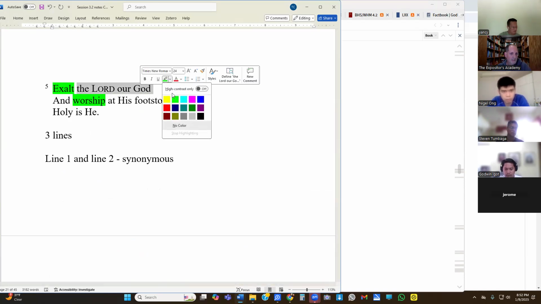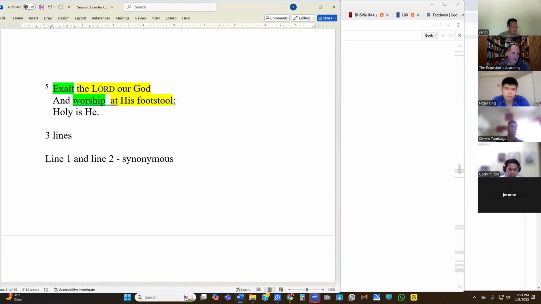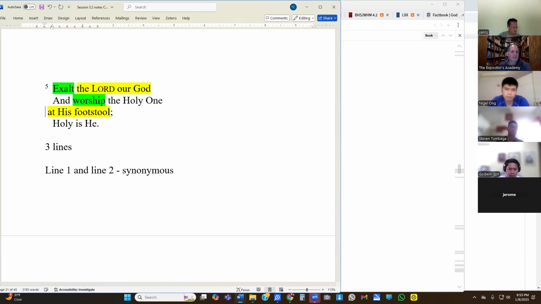But then notice it says worship at his footstool. Now that's a little different. The command's the same, but the first one is telling who to worship. The second line says where. So I'm not sure if synonymous would fit. If it said "and worship the Holy One" or something like that, I think that would definitely be synonymous.